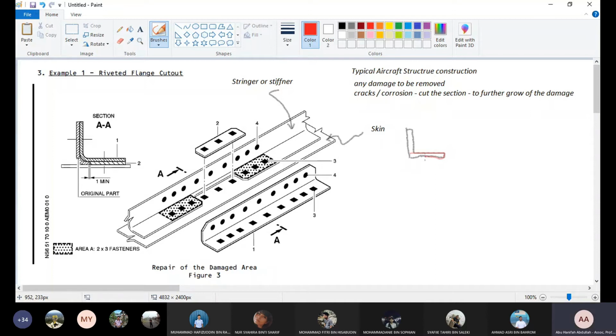So this one we cut off. So we lost area. The one that you cut, you lost. You lost this. So you only have this remaining area.